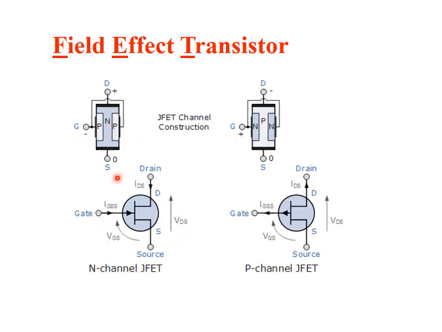And this is the circuit symbol of the FET transistor. For the N-type, this is how you can see the difference between the BJT and the FET transistor circuit symbol. It has sharp edges here, and this time we don't have emitter, base, and collector. We have the drain, the source, and the gate.